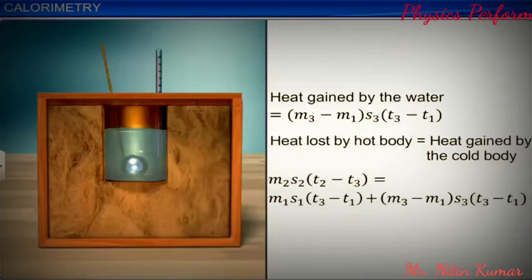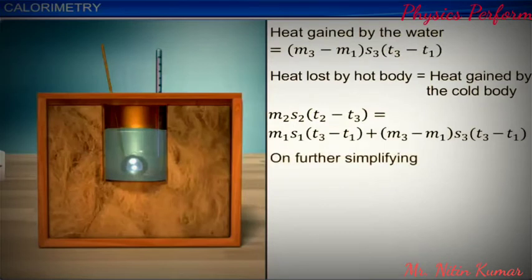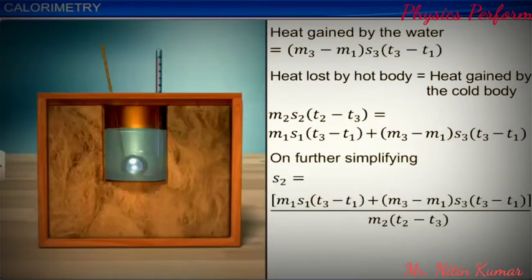On further simplifying, S2 equals [M1 S1 (T3 minus T1) plus (M3 minus M1) S3 (T3 minus T1)] by [M2 (T2 minus T3)].